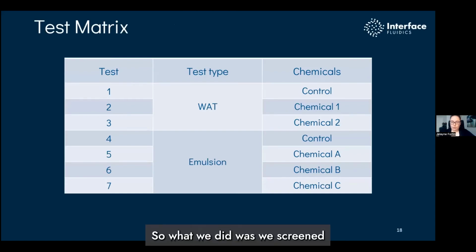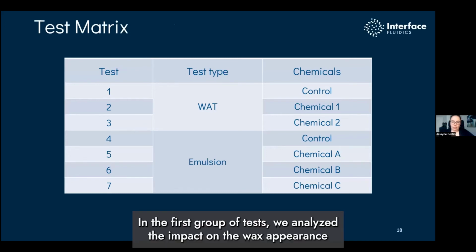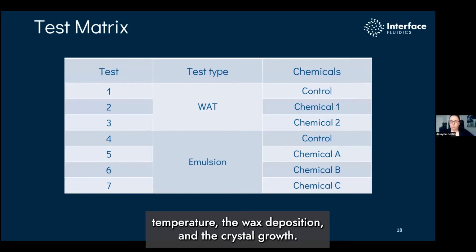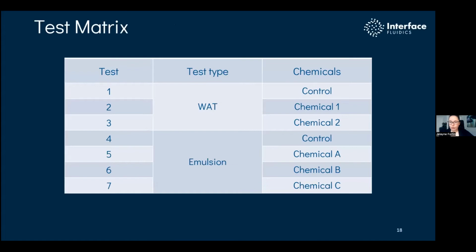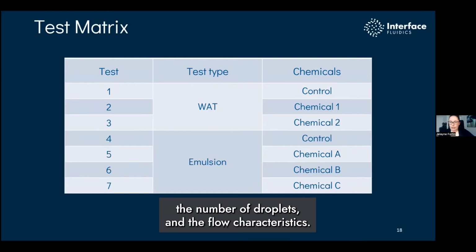We screened 3 different chemistries, both on their own and in combination. In the first group of tests, we analyzed the impact on the wax appearance temperature, the wax deposition, and the crystal growth. In the second set of tests, we examined the emulsion size, the number of droplets, and the flow characteristics.